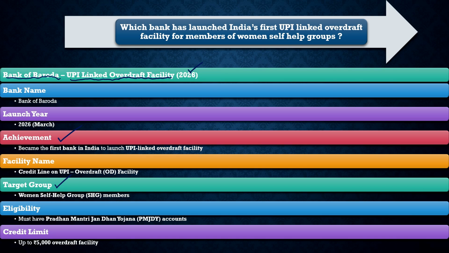Bank of Baroda was the first in India to launch a UPI-linked overdraft facility for members of women self-help groups. Okay, I think it's clear.